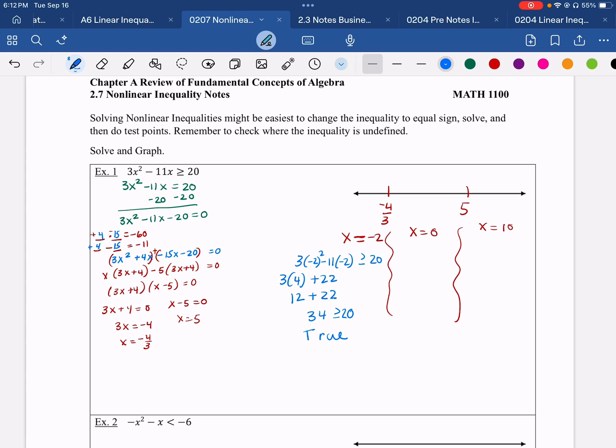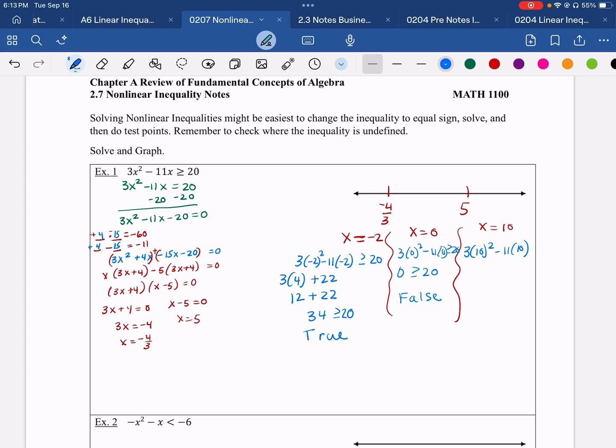Plug in 0. Well, you have 3 times 0 squared, which is just going to be 0, minus 11 times 0, which is 0. Is 0 greater than or equal to 20? That's false. Okay, and x equals 10: 3 times 10 squared minus 11 times 10.